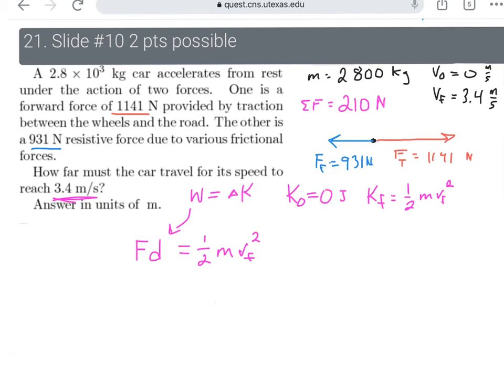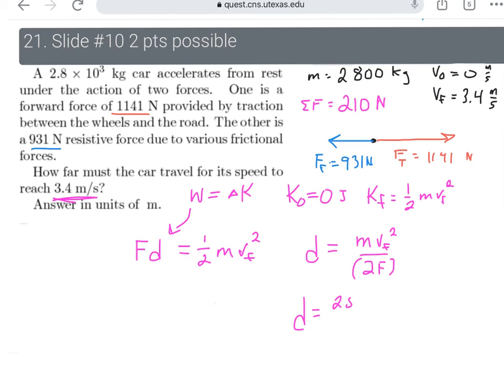If we're going to solve for the distance, then we'll move this around, and our equation for displacement is going to come out to be mass times that final velocity squared divided by, and the force is going to go on bottom with the 2. So I'm just moving everything over to F, where that force there is the net force. This is a compound denominator, meaning you have to put parentheses around it or you're going to get the wrong answer.